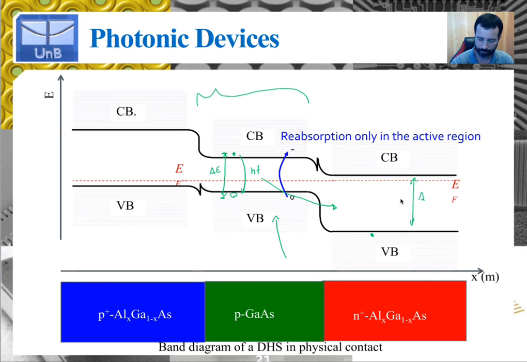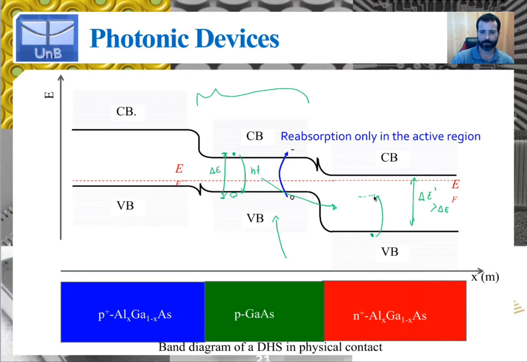So if you call this delta E dash, this delta E dash is much greater than delta E. Therefore, the energy that this photon could provide would only be enough to raise the electron up to an imaginary level right at the center of the forbidden energy band.